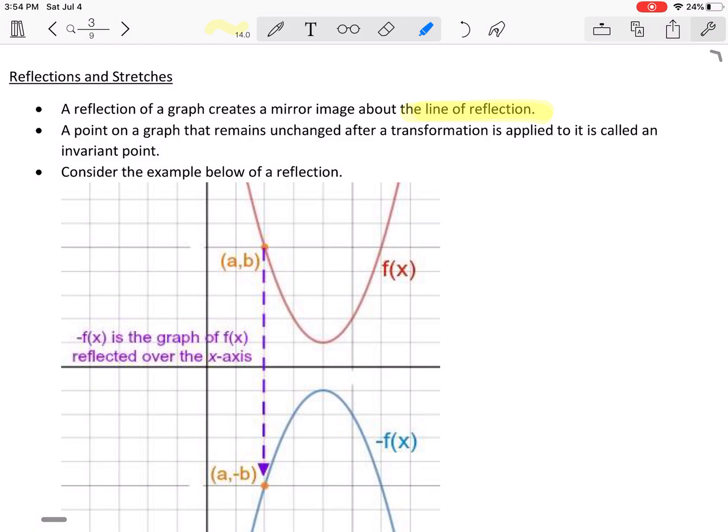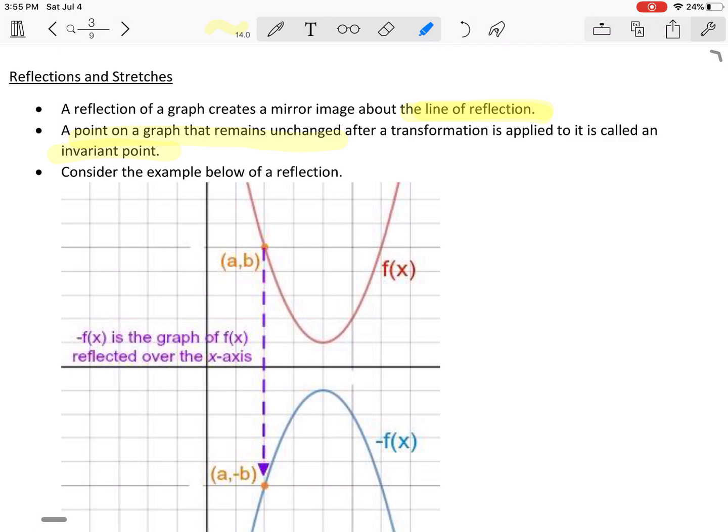When this happens, one of the points remains unchanged, and that's called an invariant point. An invariant point is basically a coordinate that both the original function and the reflected function share. It's the same in both. Now it depends where the mirror line is for that to be the case.